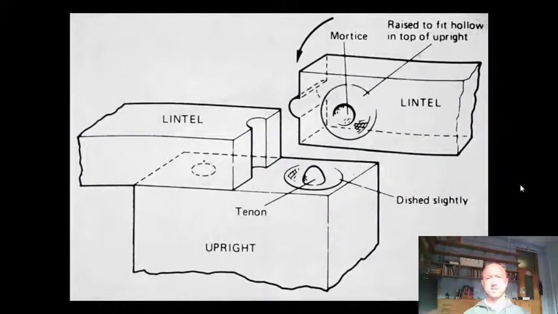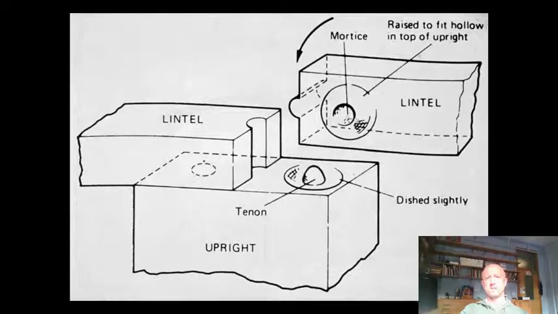Here's the construction method of this. It's a post and lintel system at its basis, but in case you were thinking this was just crudely thrown up, you're heavily mistaken. All of these blocks of stone were carefully carved so as to fit together in what's known as a mortise and tenon situation.